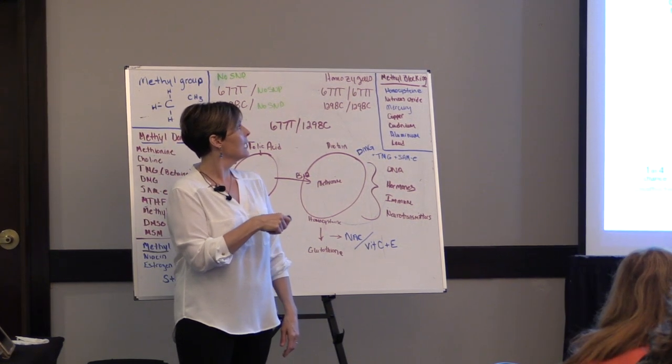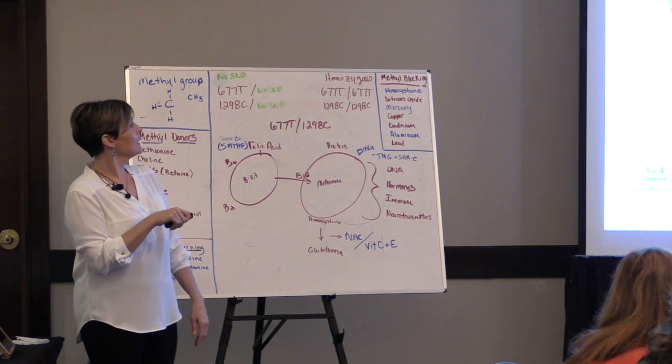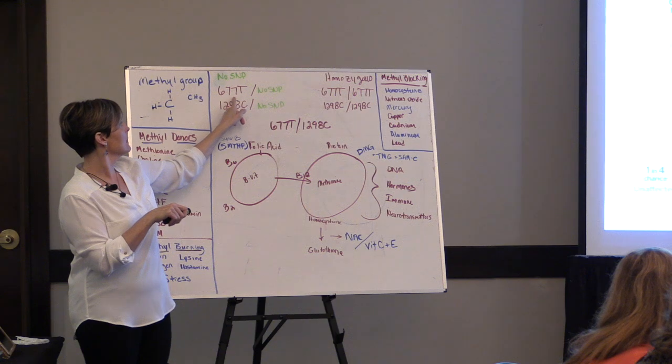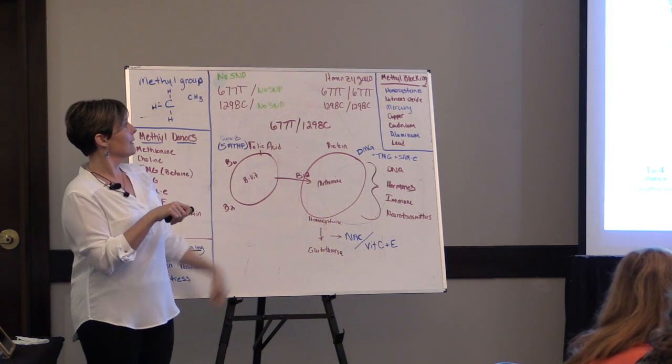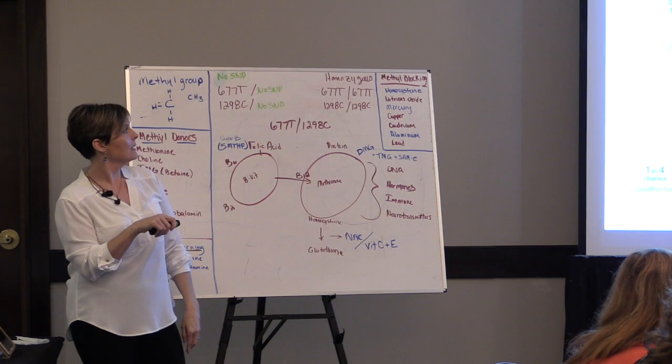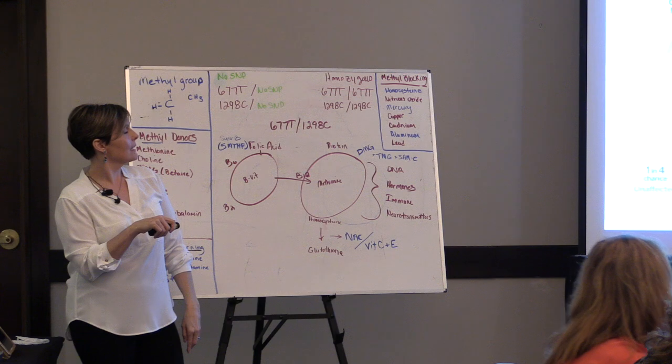So you have a carrier father, what we call heterozygous. He's carrying either the 677T or the 1298C, and a carrier mother. They come together, and their chance of having children that are carriers is here. They'll have two carriers and one homozygous, one that has two genes the same. Then they get married, and now you have this parent. Say father carried 1298C, mom carries 677T.